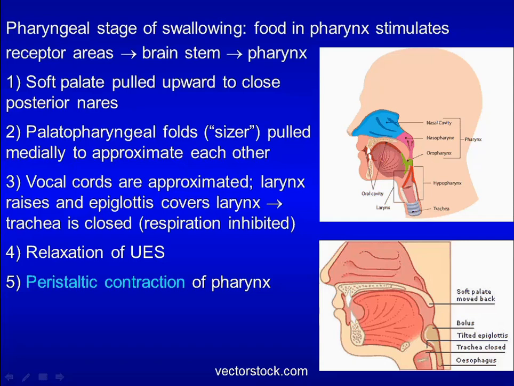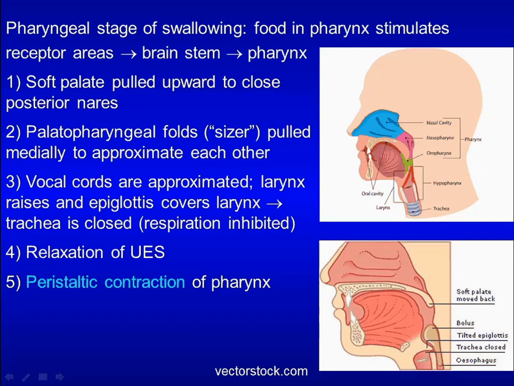The vocal cords are approximated and the larynx is pulled upwards and anteriorly. The epiglottis now covers the opening of the larynx. The trachea is closed. The upward movement of the larynx also pulls up and enlarges the opening of the esophagus. The upper esophageal sphincter relaxes.